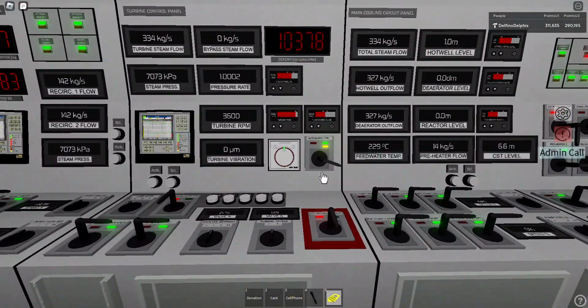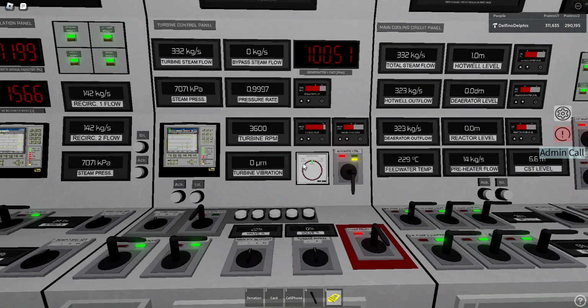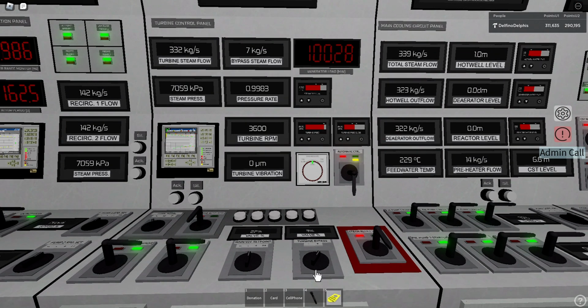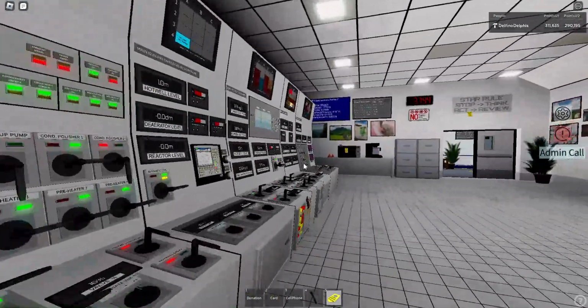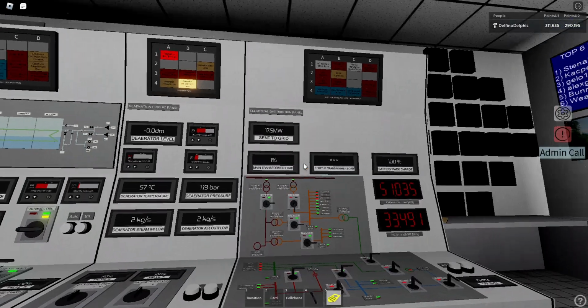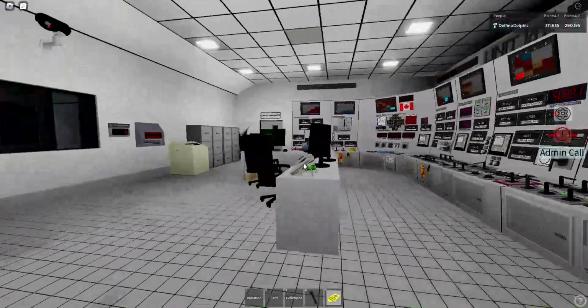You can use bypass to kill it quicker. Okay, let me do this on manual. So I will open bypass just a little for now. Now the pressure is dropping due to bypass. I will close the turbine. You don't want to close it too much, because if you go into the negatives you can trip the turbine. So what is our... Okay, send to grid, still sending 18.